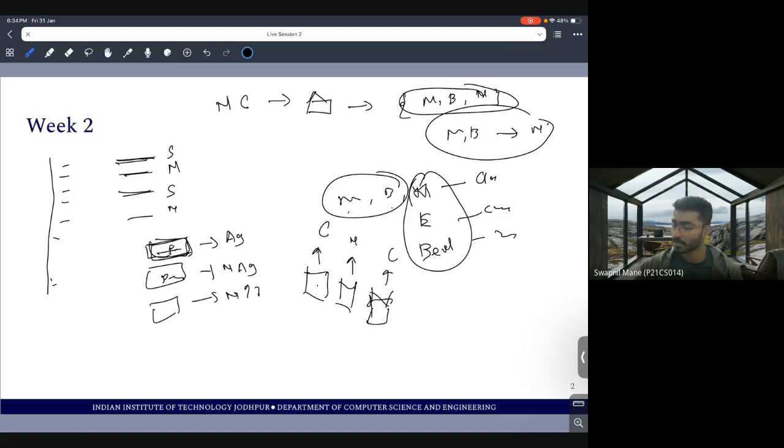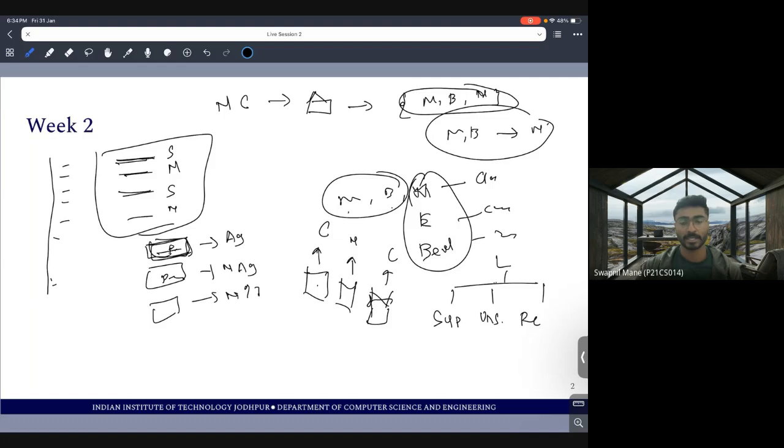As I already said, there are three types of learning: supervised learning, unsupervised learning, and reinforcement learning. Let's take this example of a record table. In our data mining language, we call a table a record.